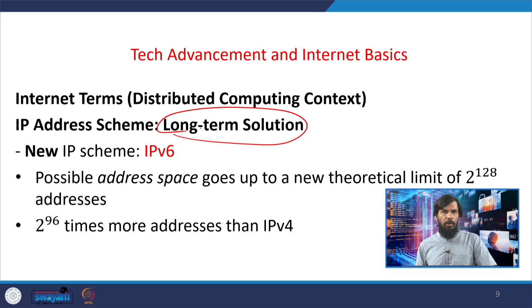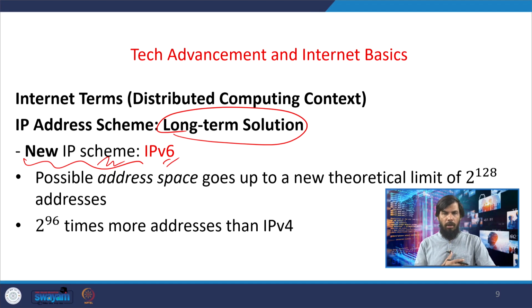So, the long term solution is a new IP scheme. This was realized many years back, that IPv4 addressing is no longer sustainable, for a number of reasons that we have already talked about. So, a new IP scheme was conceived, that is IPv6.